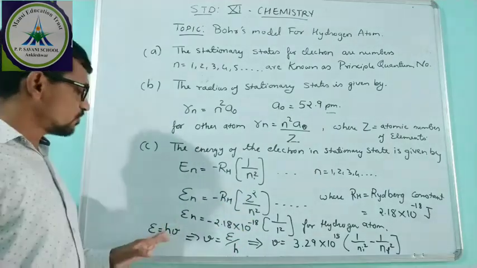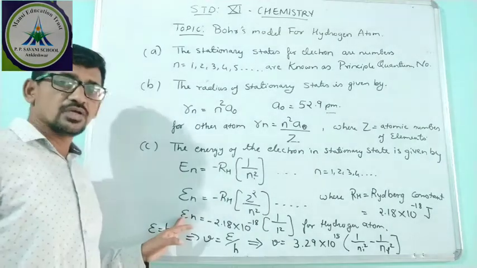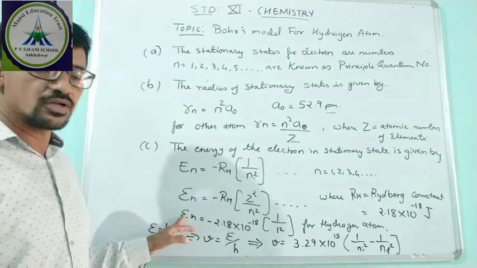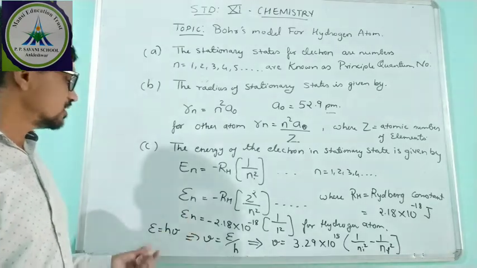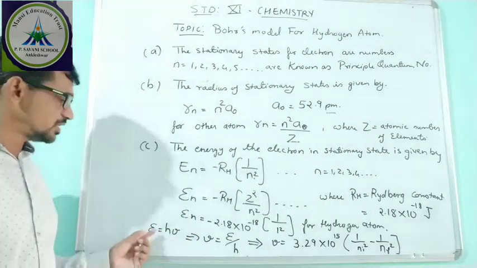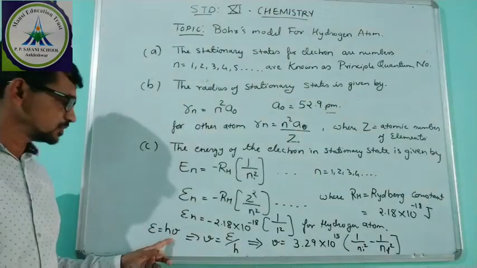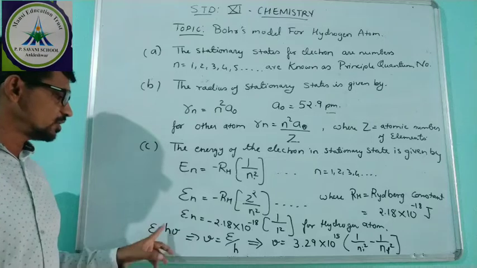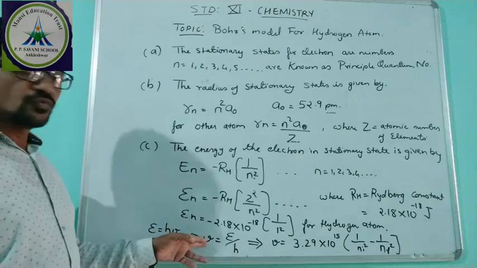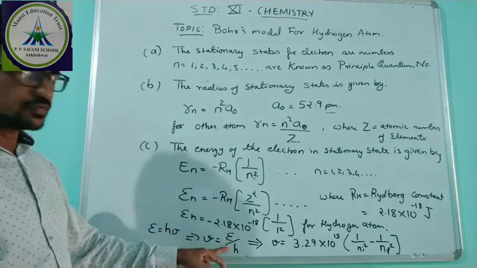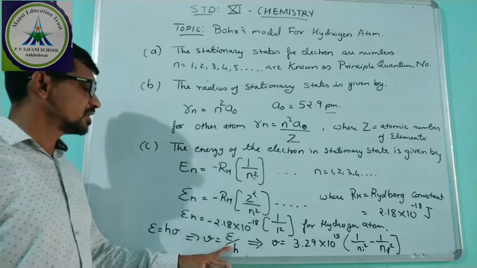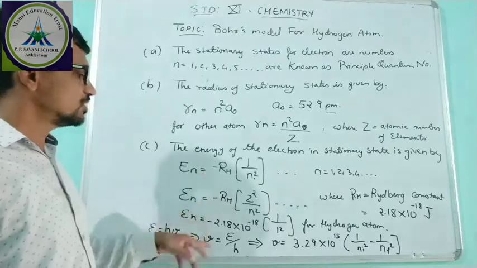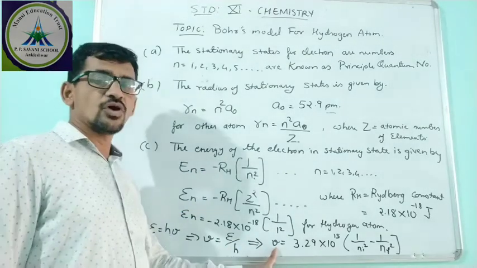Another equation you can find from this: if an electron jumps from a particular orbit to another orbit, what will be its energy? We know the energy equation, E is equal to h nu. Energy is directly proportional to frequency. So nu, the frequency, is equal to E by h, where h is the Planck constant. Energy you can find from this equation, so we can get the equation for frequency.